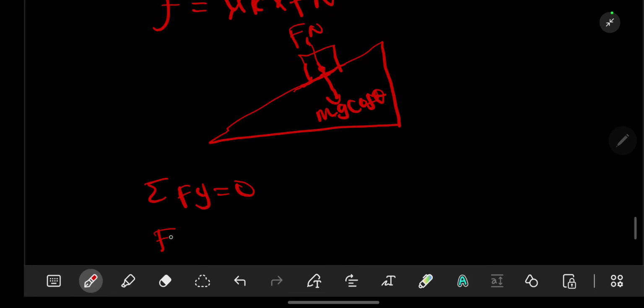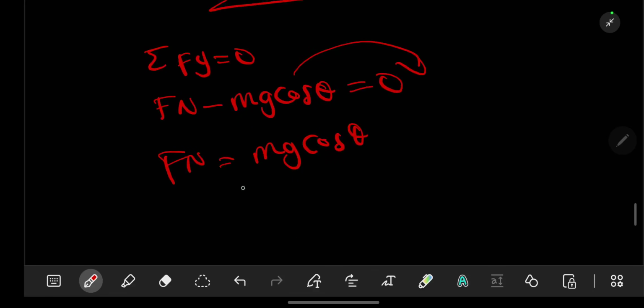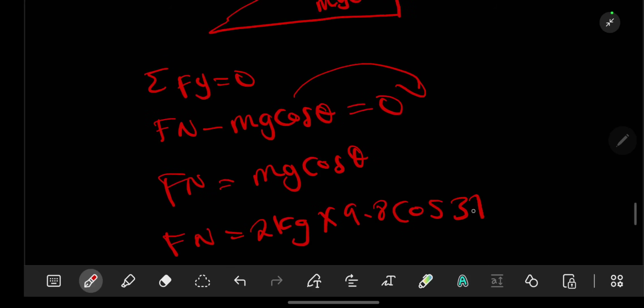We are going to say what force is there: the normal force minus the mg cos θ, they are acting in opposite directions, should be equal to 0. So the normal force should be equal to mg cos θ. Our normal force will be equal to our mass, 2 kg, times 9.8, times cos of 37 degrees.